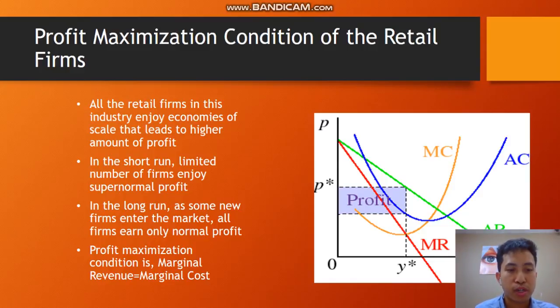But in the long run, when other firms with good knowledge and opportunity of the industry get attracted towards the industry, they enter the industry with the objective of profit making. As from the figure, we can see that the profit maximizing condition for the firm is marginal cost equals marginal revenue.